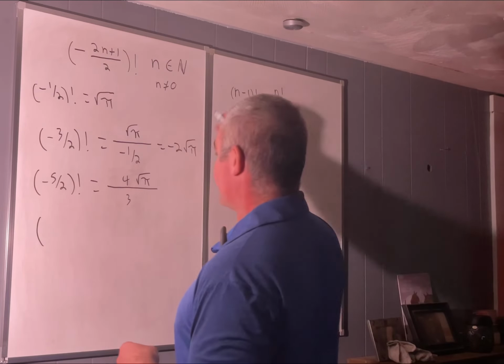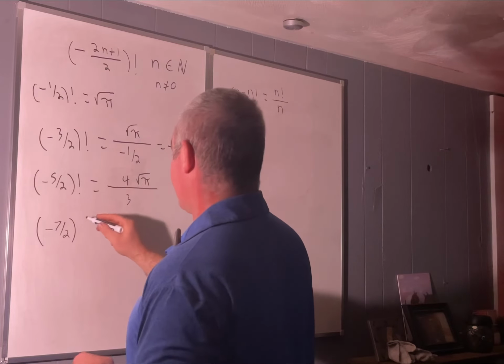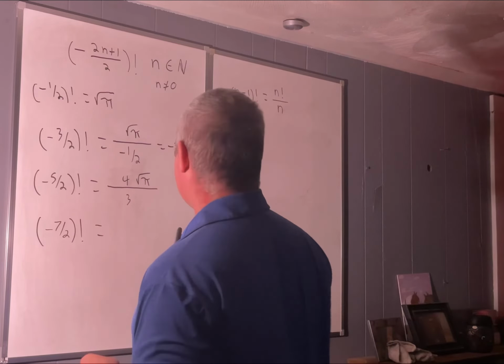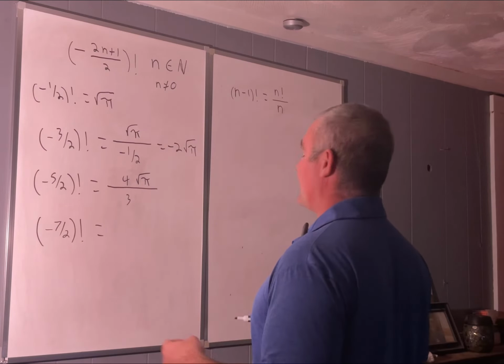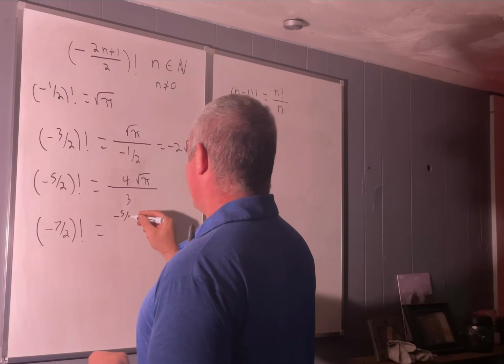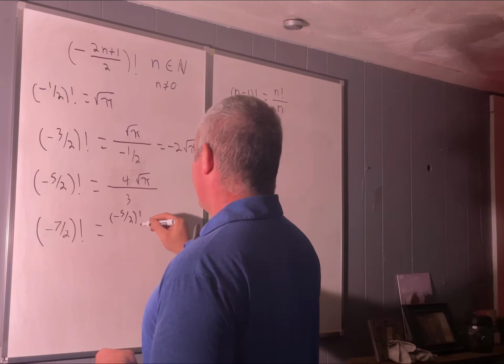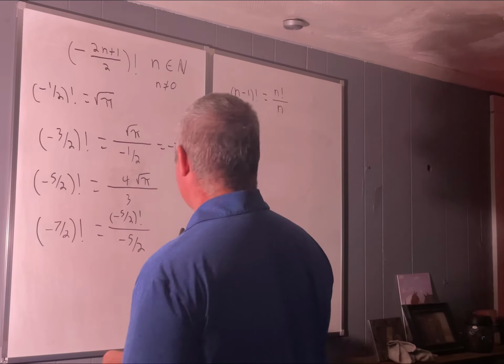Let's set our n minus 1 equal to negative 7/2. So negative 7/2 factorial will be equal to, well, if our n minus 1 is negative 7/2, then our n is negative 5/2. So we're going to have negative 5/2 factorial over negative 5/2.